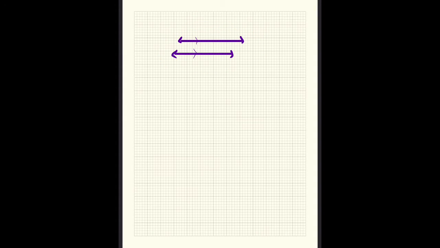Now, what is a transversal line? A transversal line is a line that intersects, or passes through, two or more parallel lines. So this red line, I will call the transversal line, because it intersects these two parallel lines.